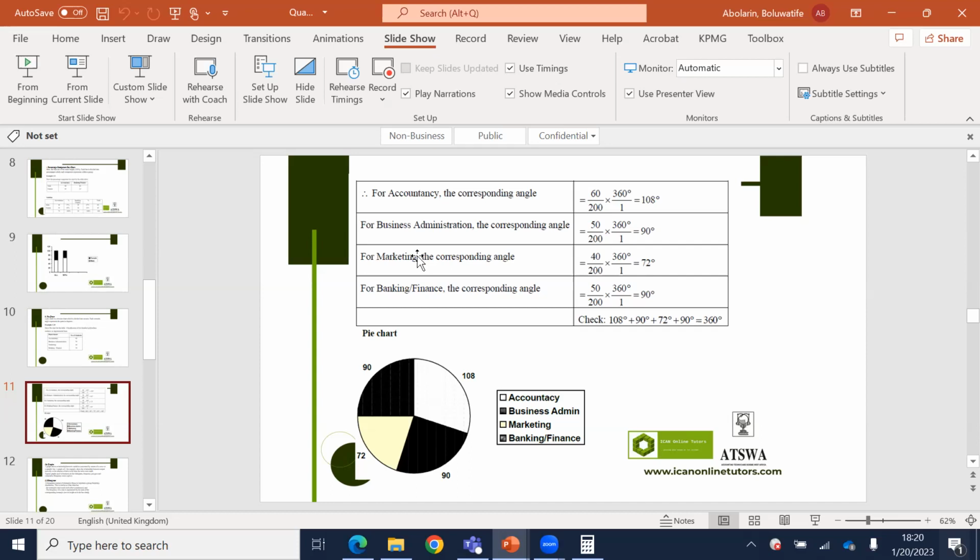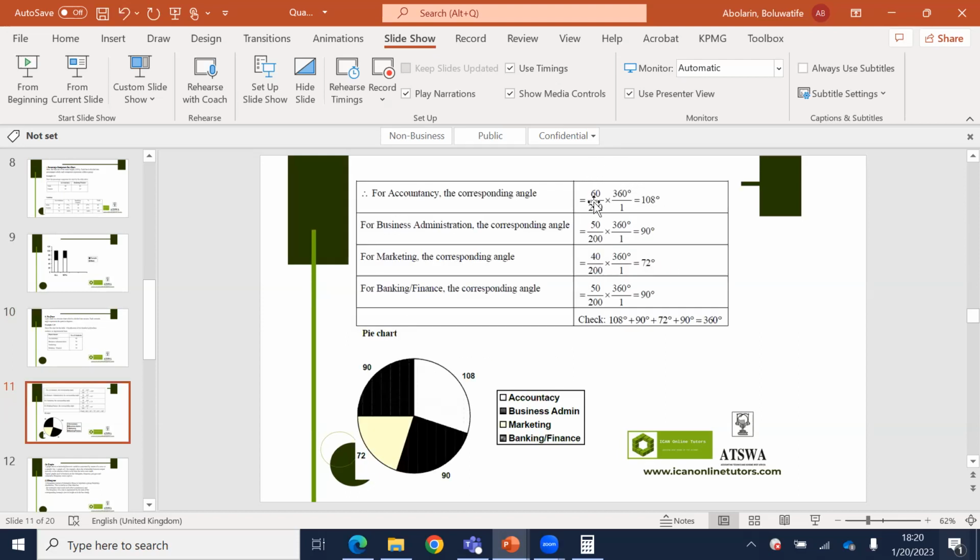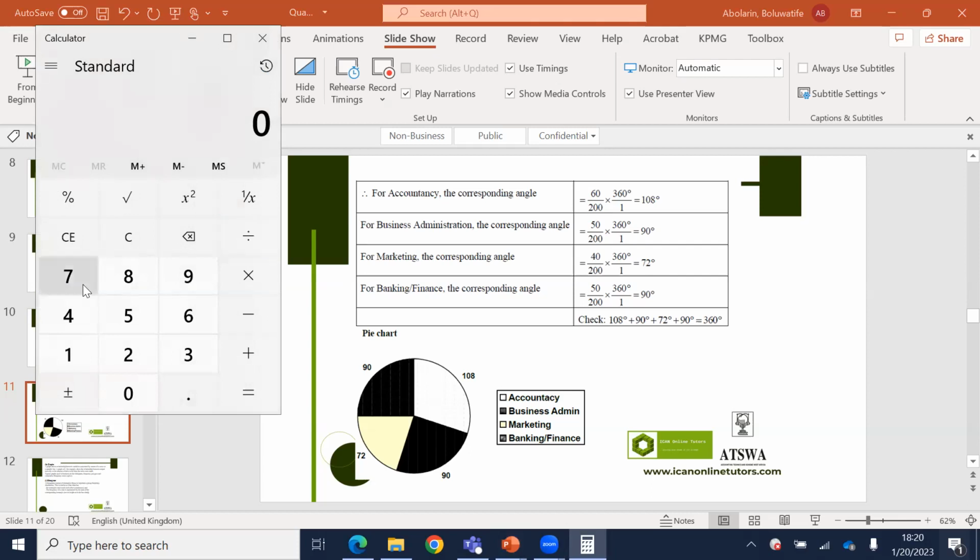So now to calculate, the first one is what? 60. So you're going to bring 60 to be 60 divided by 200. Now we are calculating pie chart in degrees, not in percentage. So the degree we are using is what? 360 degrees. So it will be 60 divided by 200 times 360. Is your calculator still working?